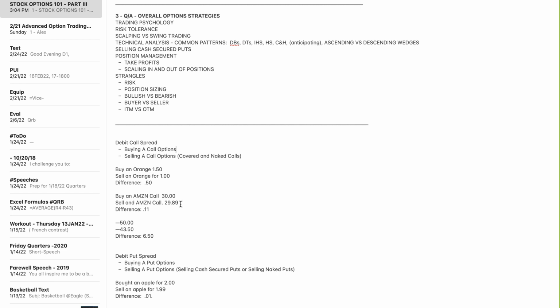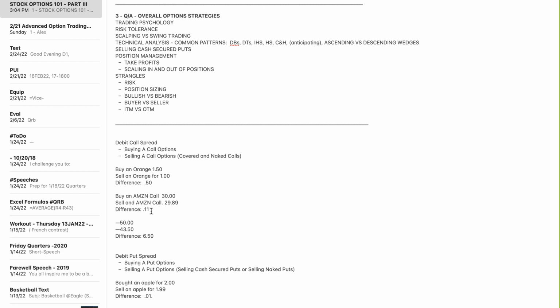But let's say you also learn about debit call spreads, and you realize that although you don't have $3,000, if you bought an Amazon call for $3,000 and sold an Amazon call at the very same time for $2,989, the difference is only 11 cents, so getting a seat at the table would only cost you $11.